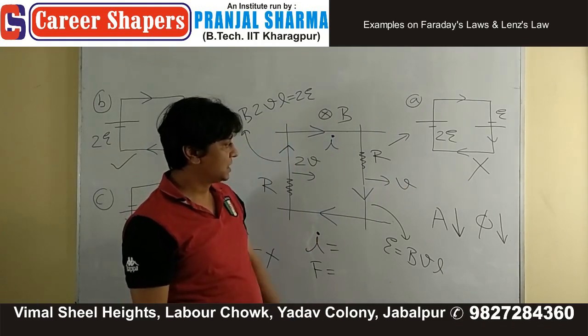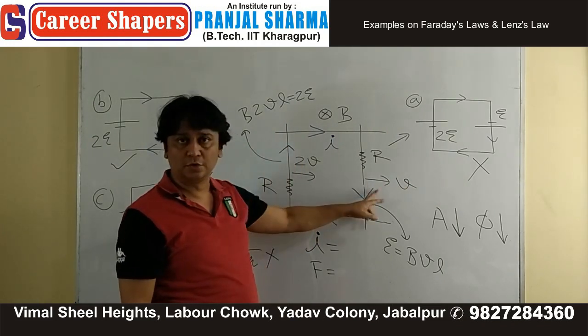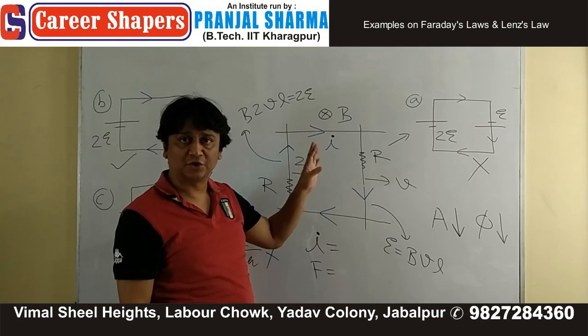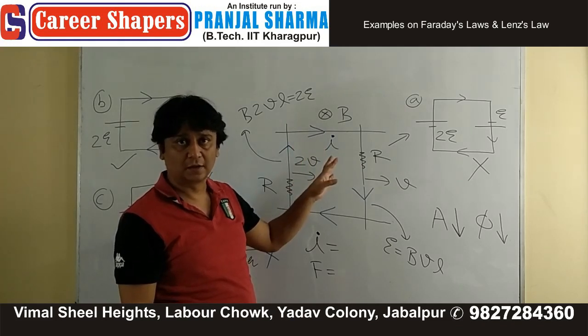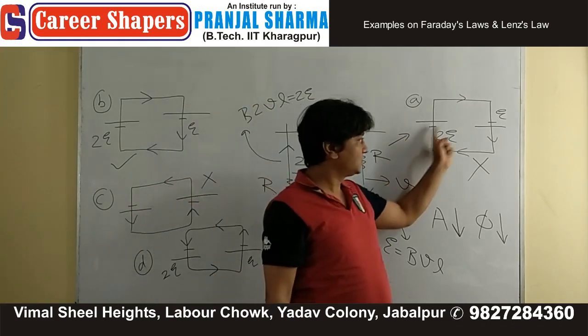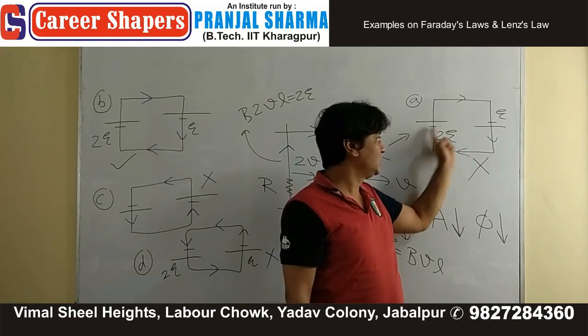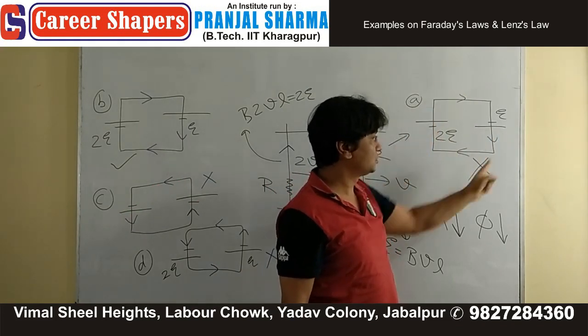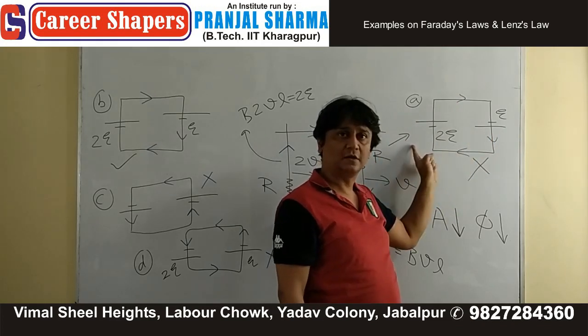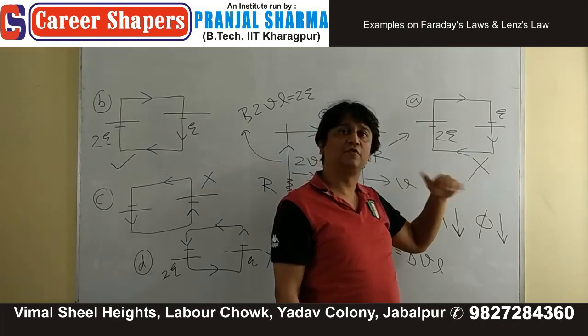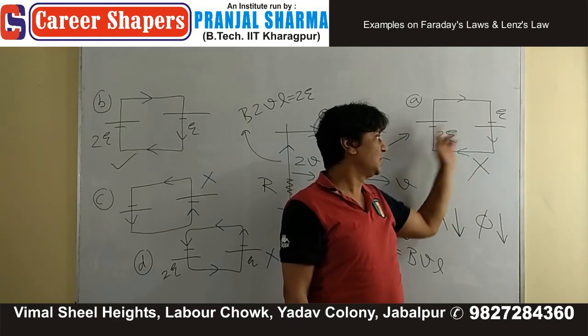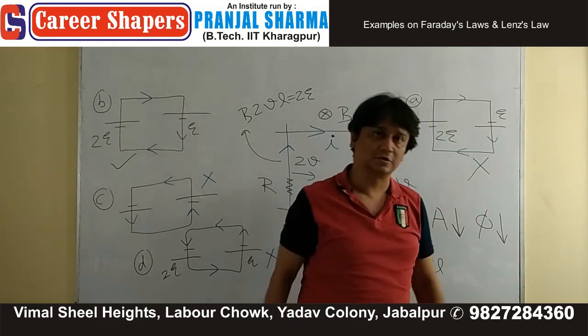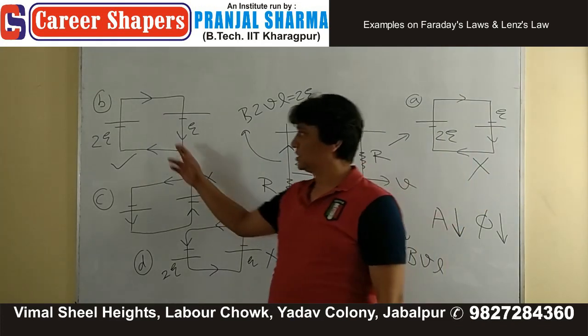So they are both producing different directions of magnetic field. But these two batteries, their tendency is to produce the same current. And therefore even the flux approach says something like this is not possible. So the correct answer is what? B.